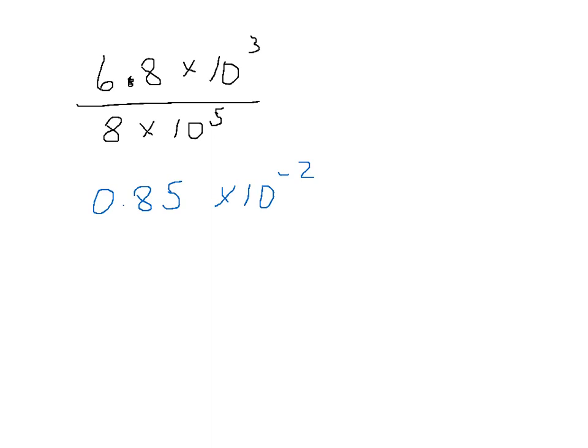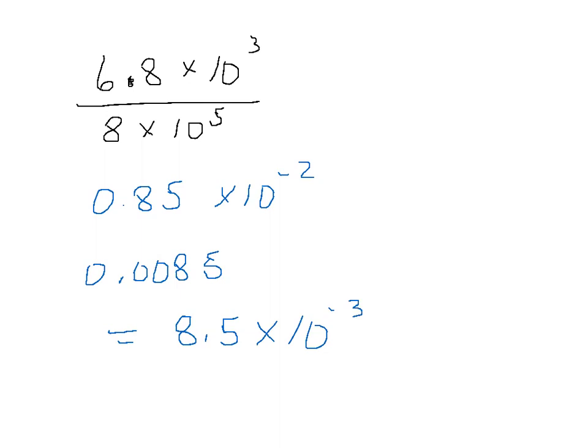So this means this is going to equal, here's my 85, and there's a point, but I put in 2 more zeros because of the minus 2, and you always want to lead with a 0. And so this is the same as 8.5 times 10 to what power? Minus 3. All right?